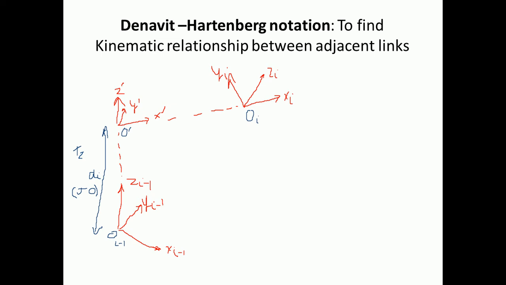Okay. And when it is reaching over here, you can see that the x axis of O i minus 1 is over this side, and the x dash is over here. Also, while finding the kinematic relationship between two links, we have to find the common normal between two joints.